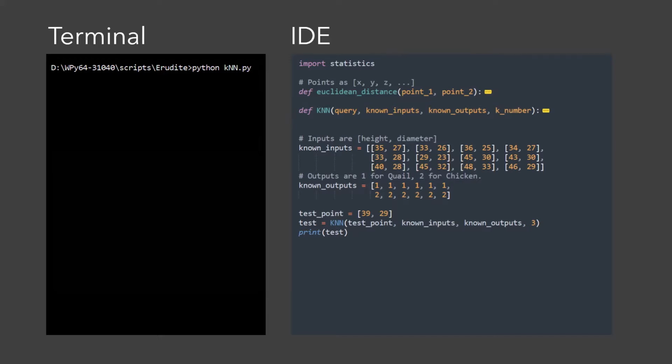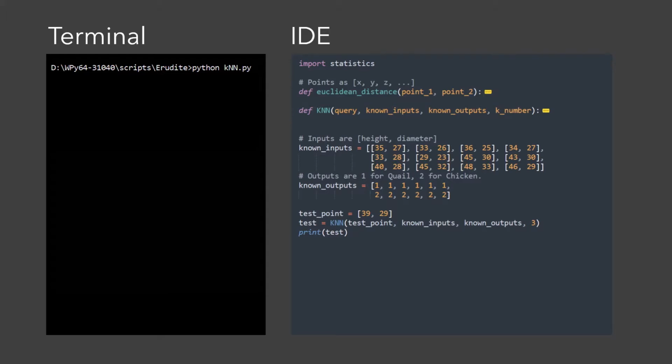And we've got our test point, our unknown point of 39 and 29, so 39mm height and 29mm diameter. And we're going to pass that into our KNN function, our test point with our known inputs, known outputs, and we're going to use 3 as our k value.